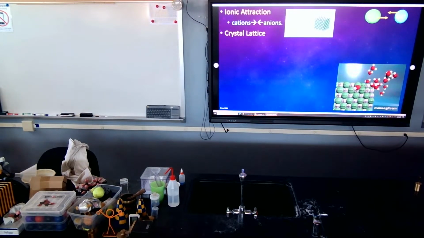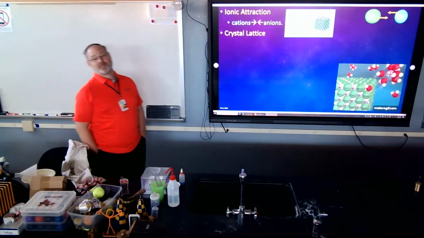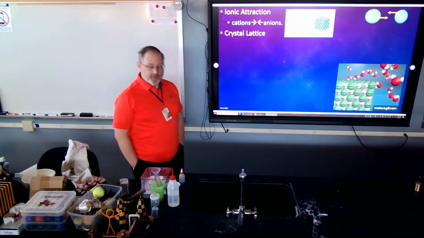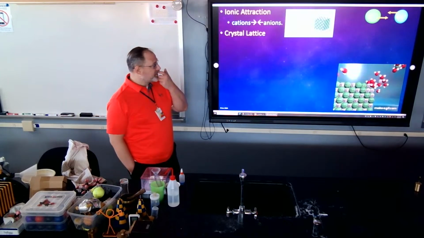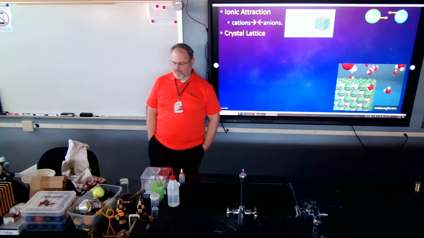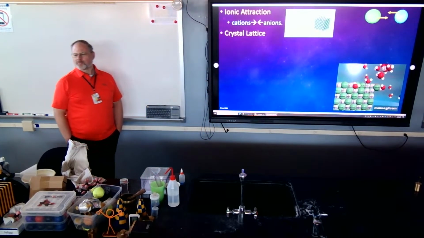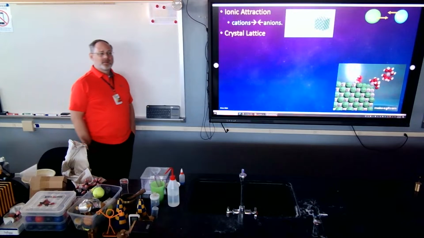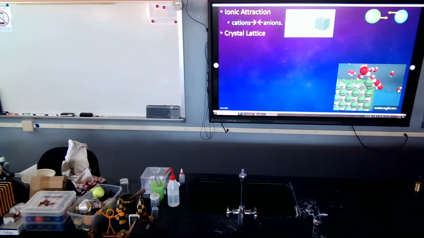In 3 dimensions, they form what's called a crystal lattice. That is the 3-dimensional arrangement of ions. And one of the really cool things about salt crystals, one of these days I'm going to grow some pretty cool salt crystals, is if you look at a salt crystal with the naked eye, it's a cube. The next time you have salt, look at a salt crystal.